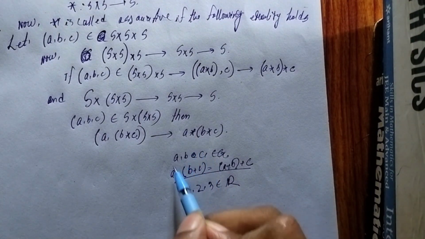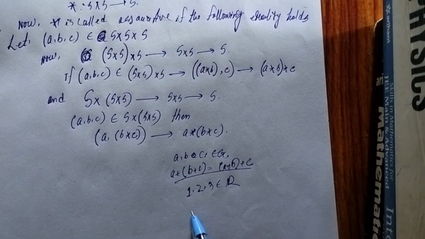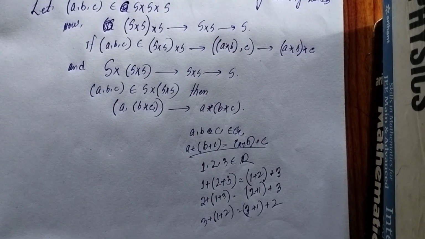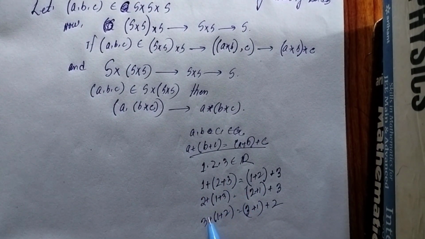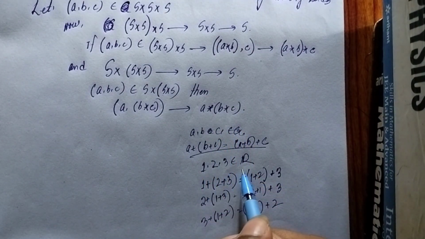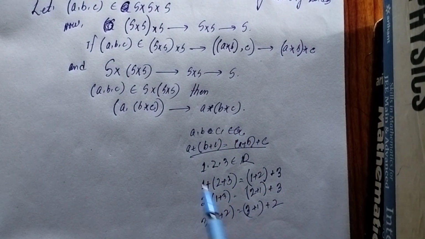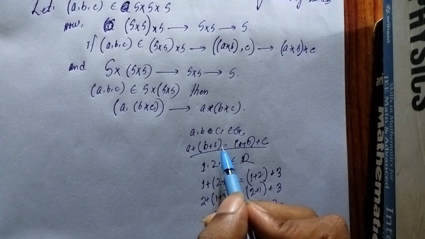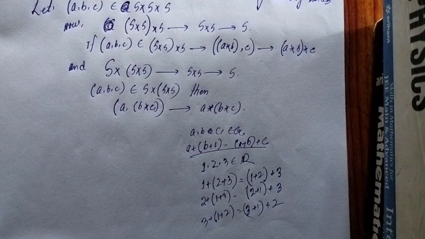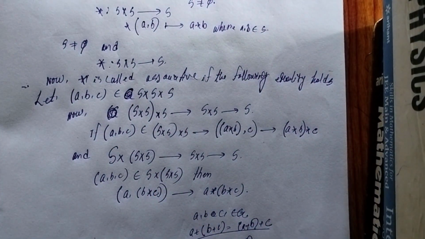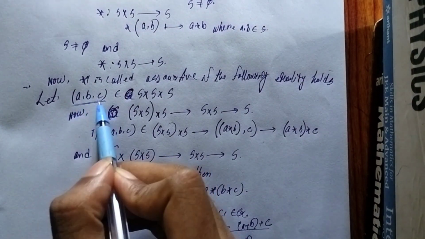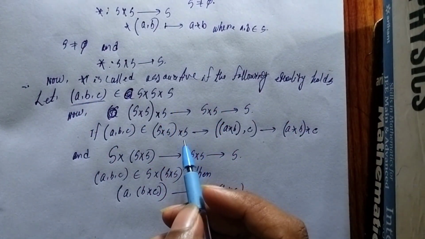According to this definition, if I say that 1, 2, 3 belong to R, then which pair am I trying to refer to? Many other pairs are also possible, and there is no guarantee, so that is a bit of a loophole in this definition. So it is better to write it like this, so that the order remains the same if you take the ordered triplet. This looks like a difficult example.